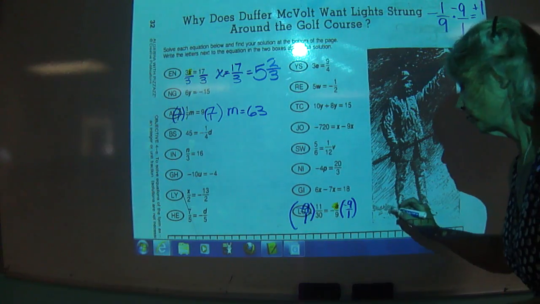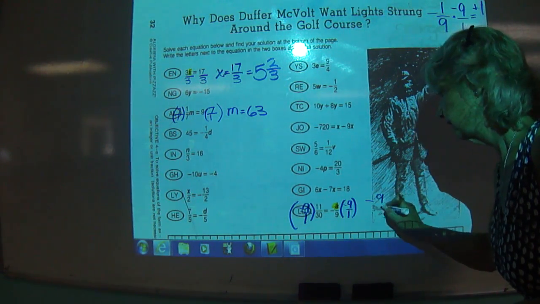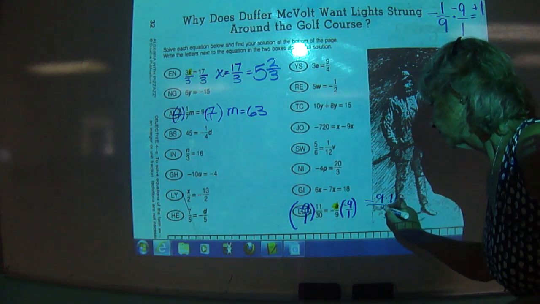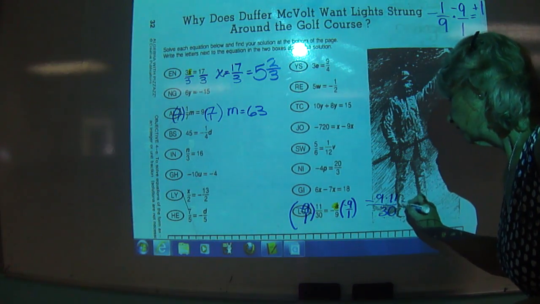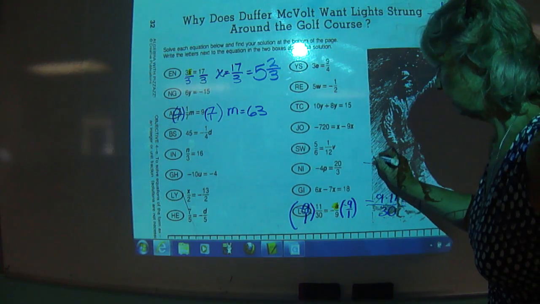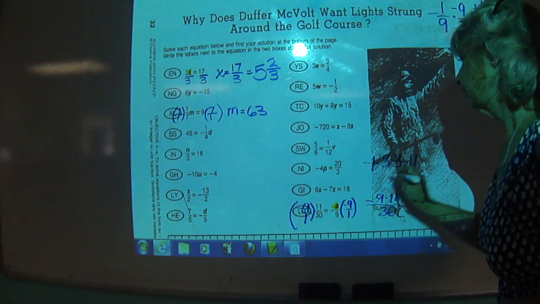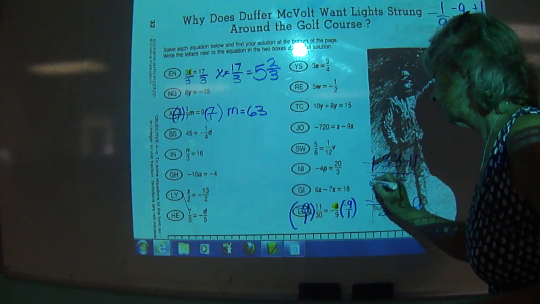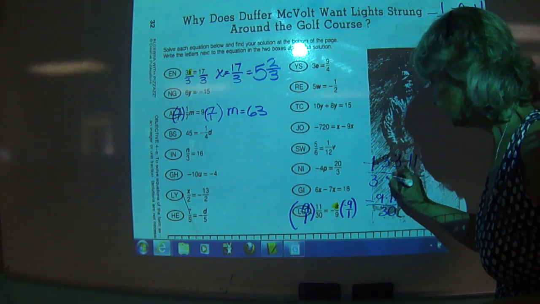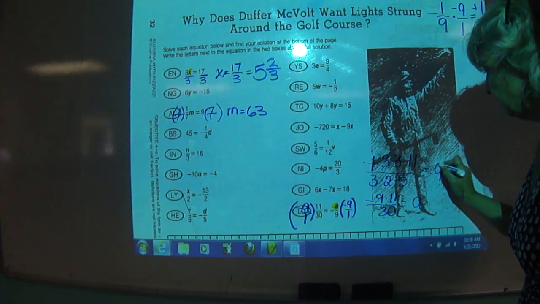So we're going to end up with negative 9 times 11 over 30 equals a. And I like to factor, remember, negative 1 times 3 times 3 times 11 over 3 times 10 is 2 times 5 equals a.